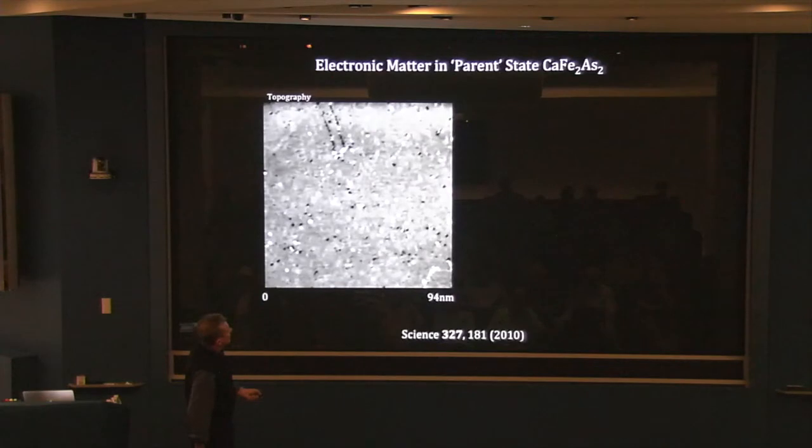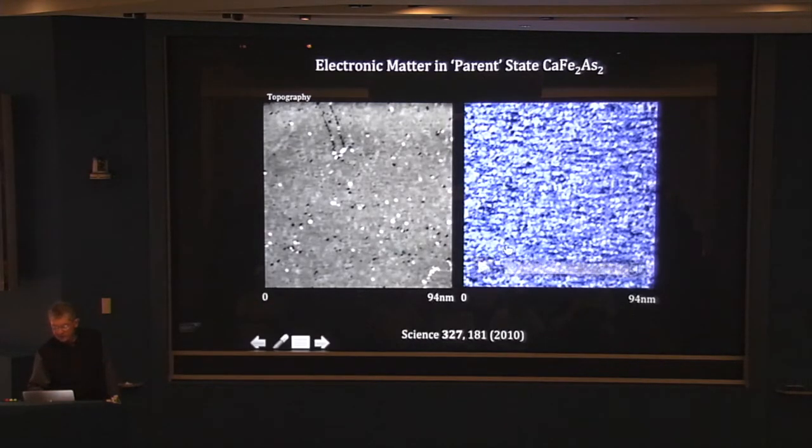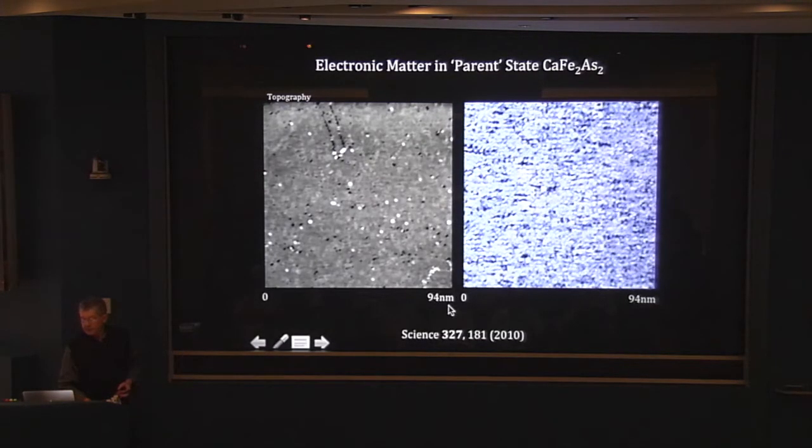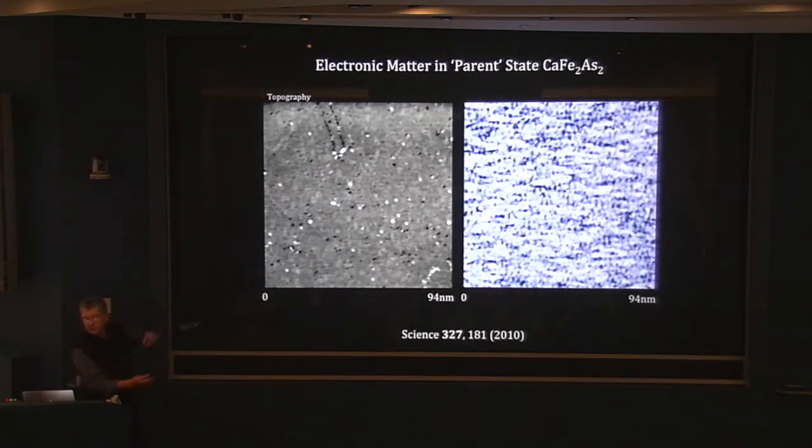Here's a related image, same thing, surface of the crystal. Here's an image of the wave functions. This is the first movie of the wave functions in the non-superconducting parent state of these compounds, the state which disappears in order for the superconductivity to appear. If I run this movie, it's pretty unprepossessing. If you're careful, you can see the wavelength increasing in the vertical direction, but not in the horizontal direction.